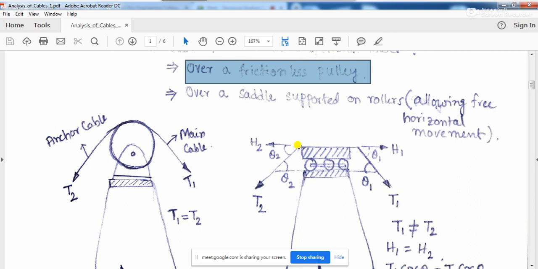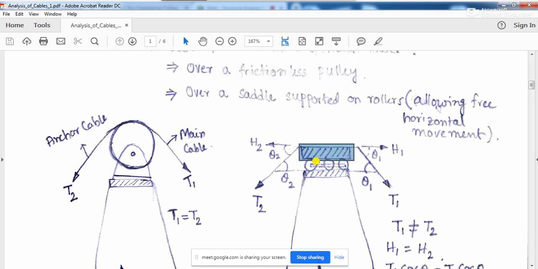So what is a saddle? This kind of blocked arrangement on top of the rollers is called a saddle. On top of the saddle, the cable will be coming and passing through this saddle, and then it will be going down and anchored somewhere here.